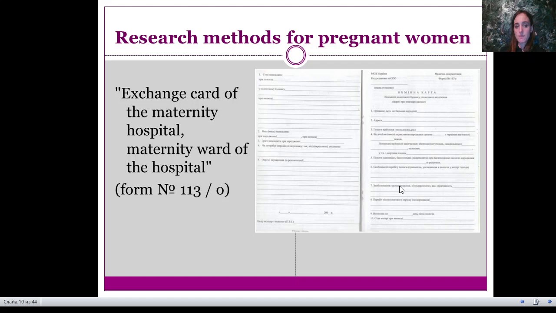And we have such methods for pregnant women. For example, on this picture you can see a card of the hospital and form number 113.